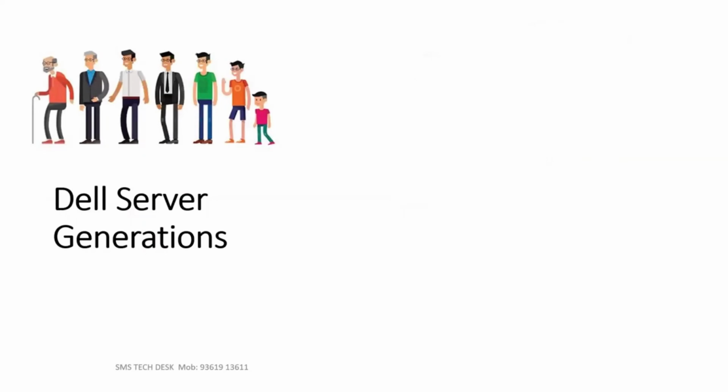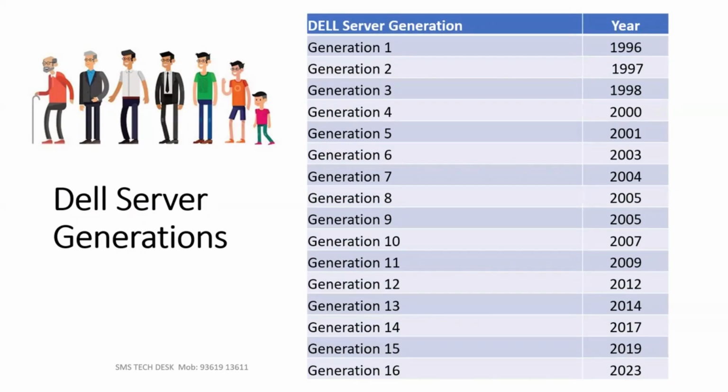Here you can find generation 1 to generation 16, which is 2023. When I prepared this slide, generation 16 in 2023 was the latest one. Why you need to understand this generation is because when you are working on a specific model of Dell server, you need to understand which generation it belongs to.